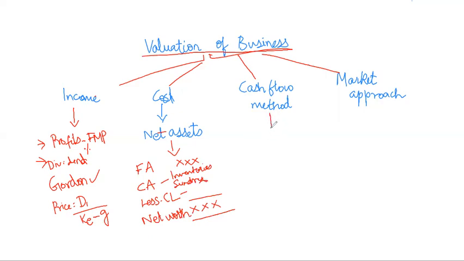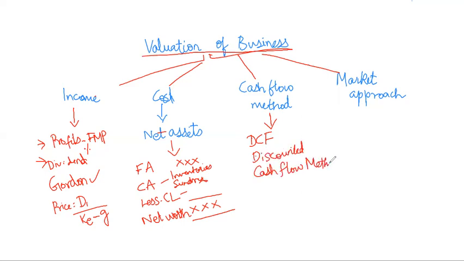The third is the cash flow method, the famous and most utilized, most suitable and appropriate method, which is used by investors in order to choose whether to invest in a particular business. It is mainly in most cases of acquisitions that this method is followed, which is nothing but the DCF method, known as the discounted cash flow method.